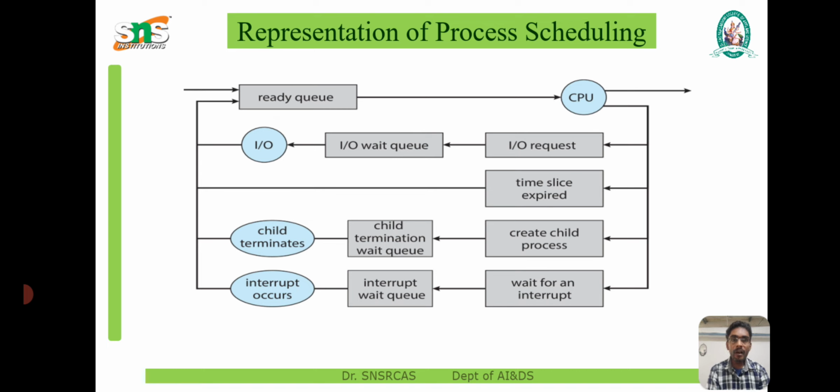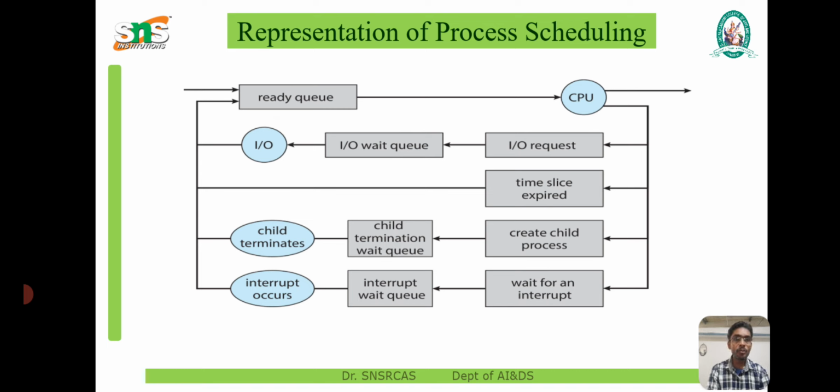From the ready queue, all the processes are moved to the central processing unit core. Once a process running in the CPU core receives an interrupt or an input output request, it is moved to the queues. The possible events are an input output request, and the time slice expiring. Some processes may require sub processes, or child processes, or wait for an interrupt signal.